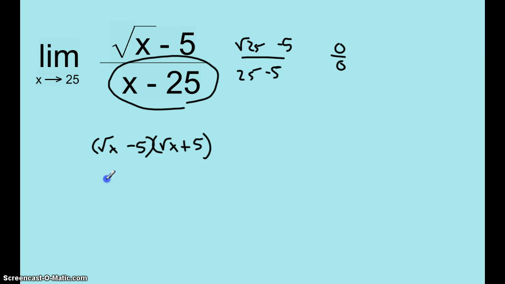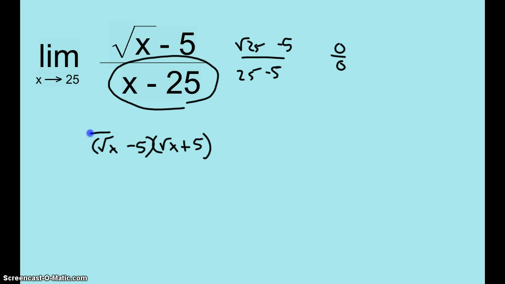When you multiply those out, you get x plus 5 root x minus 5 root x minus 25. These middle terms will cancel out and you're left with x minus 25. So it does actually work. Okay, I'm going to back up my writing a little bit.